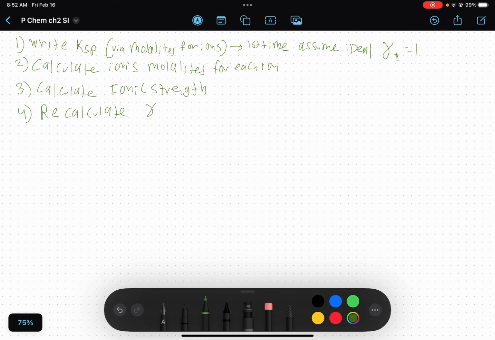You can recalculate using either the Davies equation, which I believe is the longer one, or you can recalculate using the Debye-Huckel. So I'll just write both. Debye-Huckel.